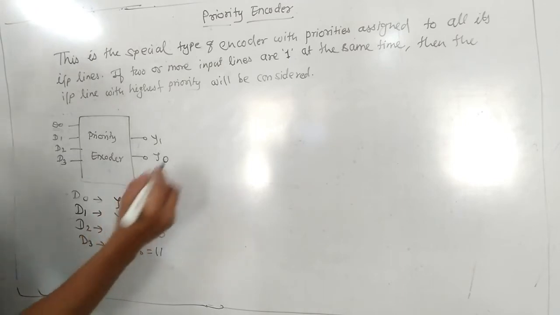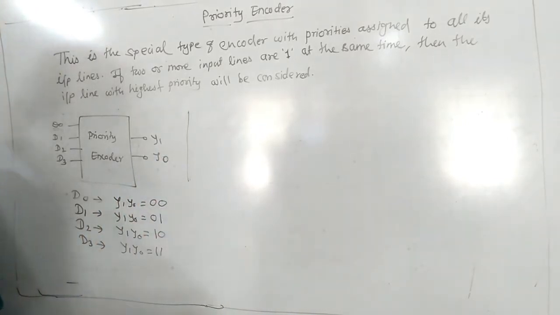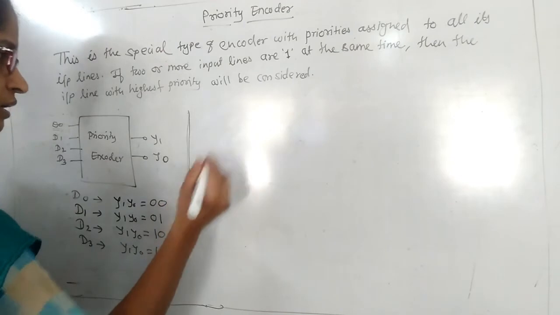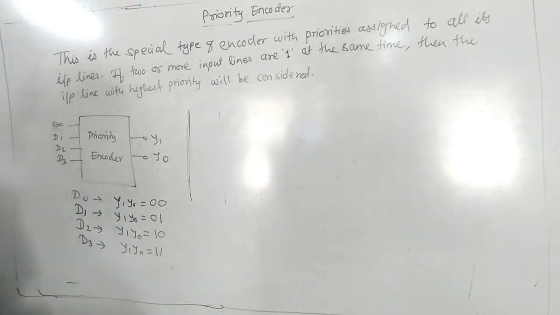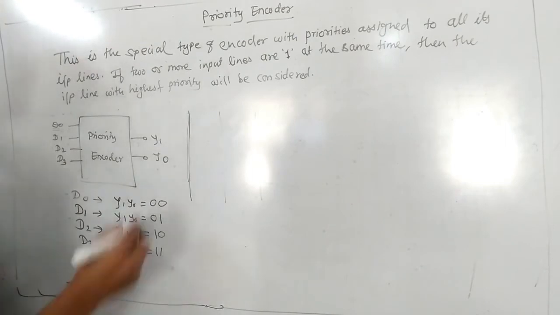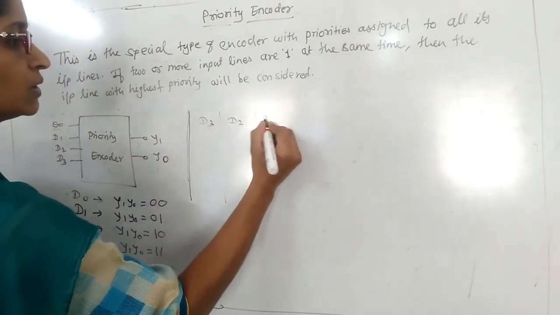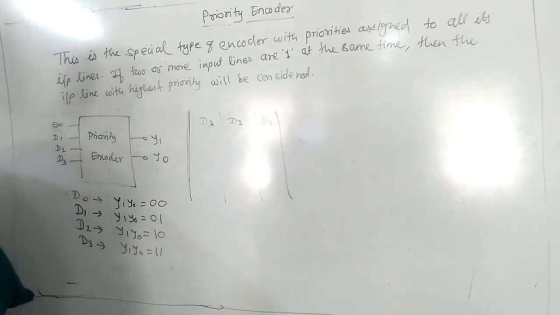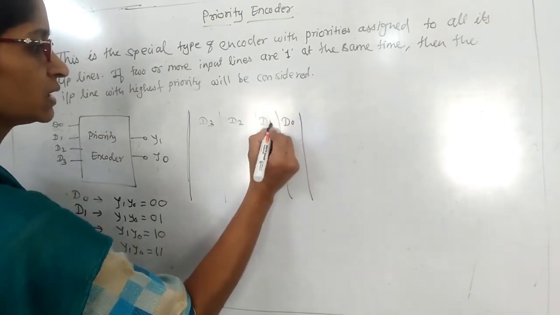So here is the truth table. It describes the operation of this priority encoder. We have the inputs D3, D2, D1 and D0.